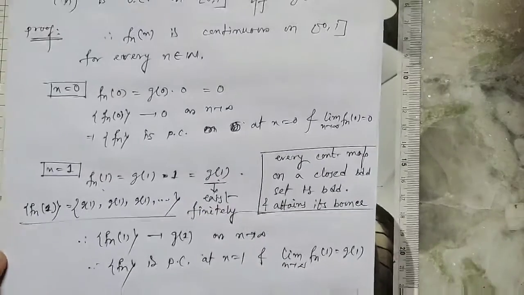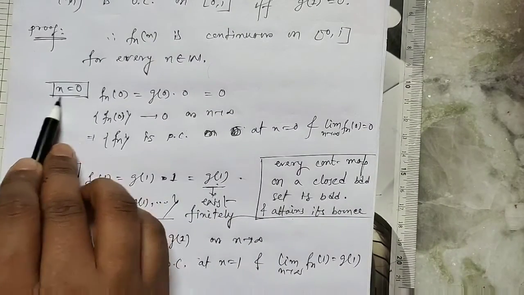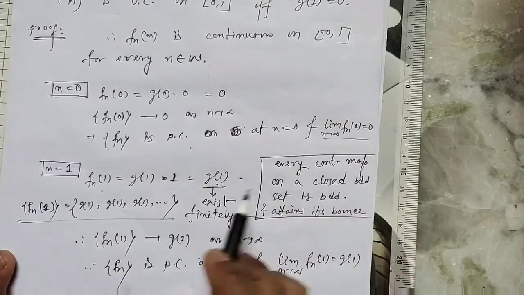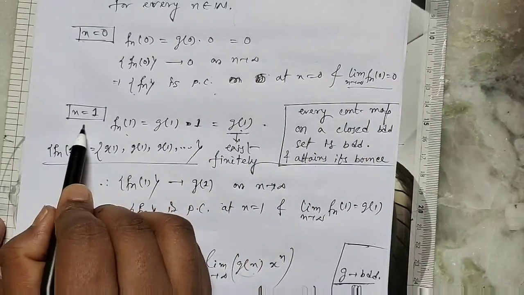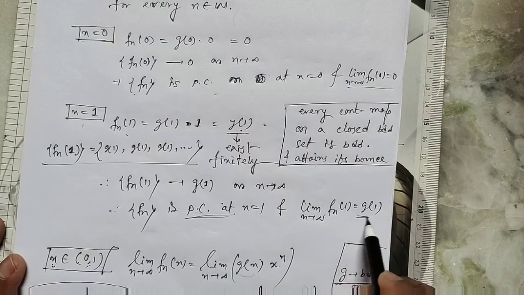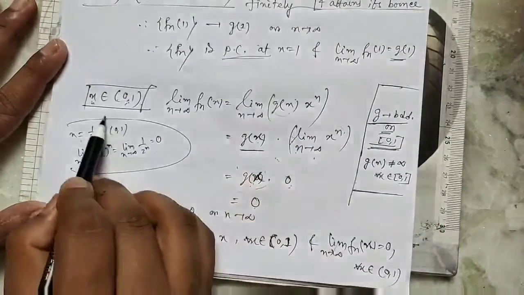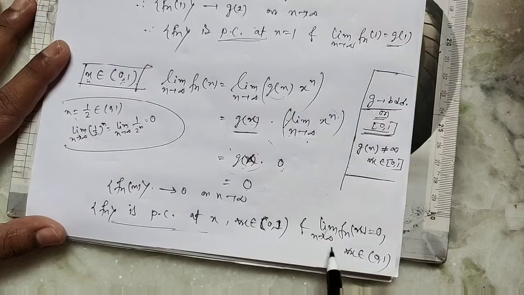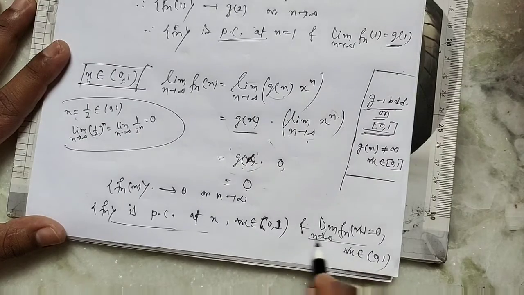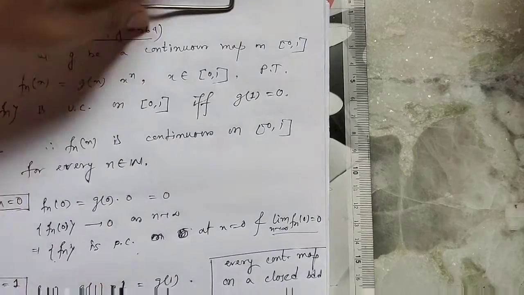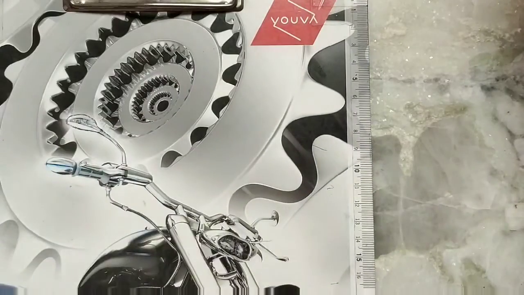Okay, so at x equal to 0, the sequence of functions is pointwise convergent and the limit is 0. For x equal to 1, the sequence of functions is pointwise convergent and the limit is g of 1. And for x belongs to (0, 1), the sequence of functions is also pointwise convergent and the limit is 0. So the sequence of functions fn(x) is pointwise convergent.